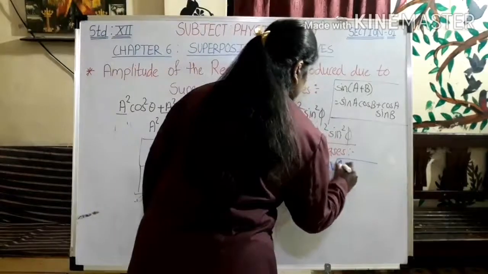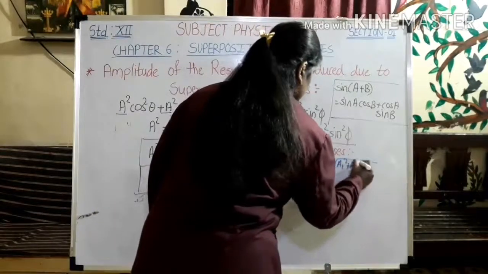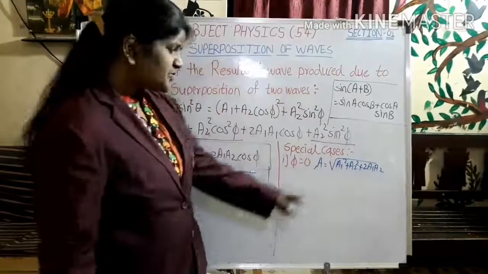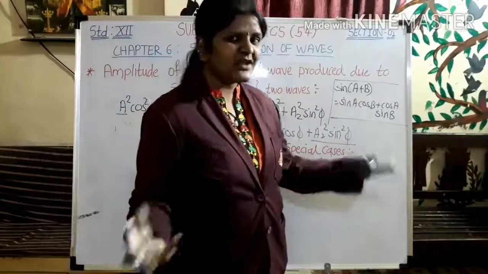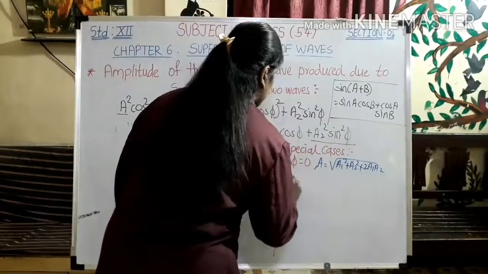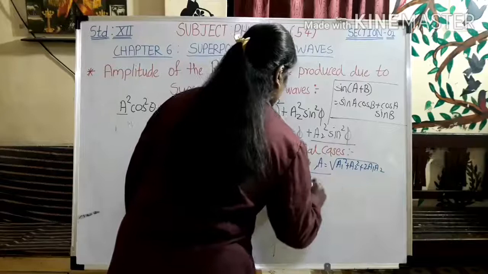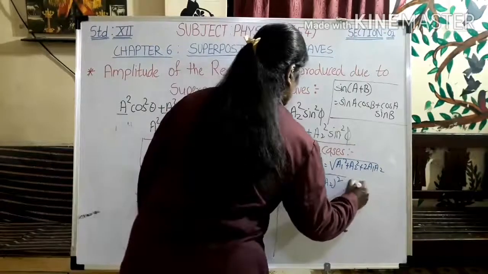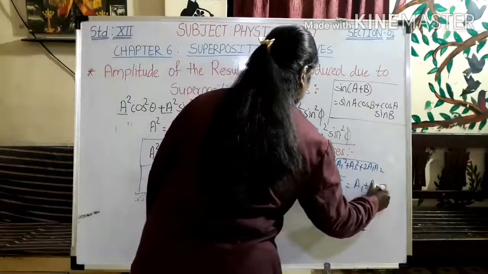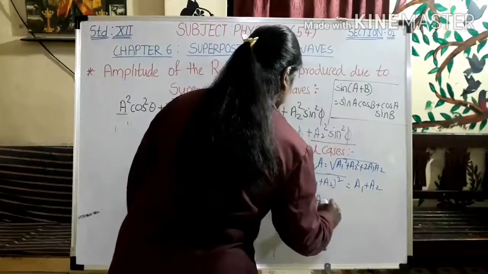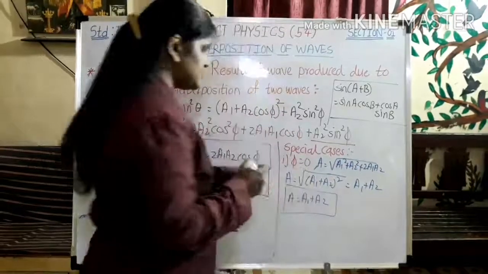So a1 square plus a2 square plus twice a1 a2 is nothing but a1 plus a2 bracket square. So I will write A as square root of a1 plus a2 bracket square. So this comes out to be a1 plus a2.